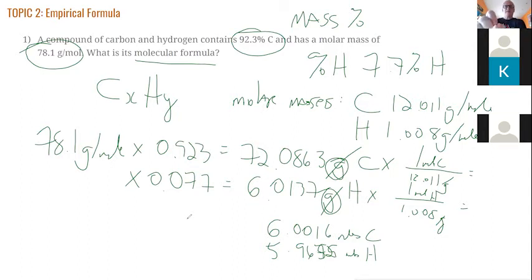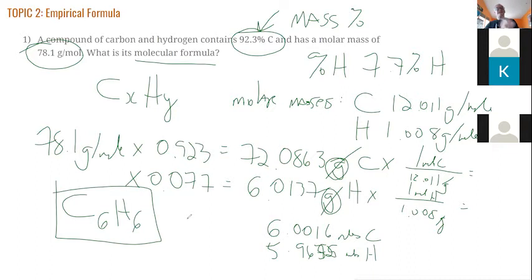Because there's only 3 significant digits on the percent of carbon, and there's only 2 significant digits on the percent of hydrogen, we can feel fairly comfortable rounding these to 6. So the molecular formula would be C6H6.